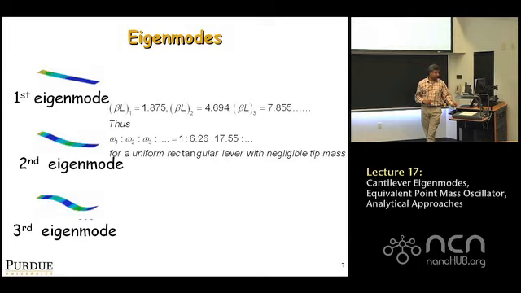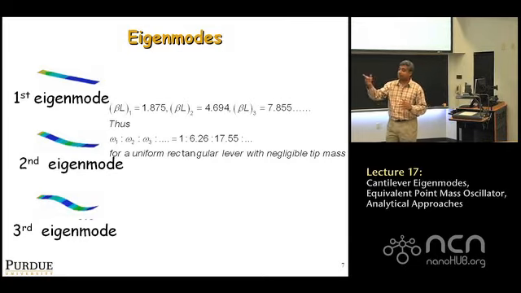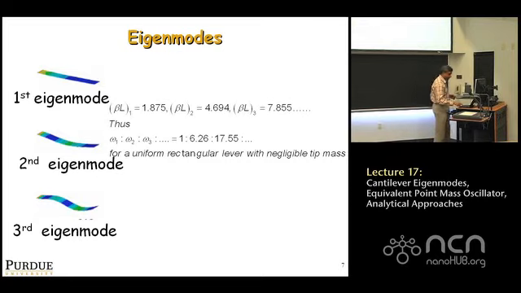So now let's go back to, gee, this is great, but yes? Could you just comment about the difference between harmonics and eigenmodes? Right. So the question is, what's the difference between harmonics and eigenmodes? And it's a very important point. What we just showed is for a cantilevered beam, omega 2 is the frequency of the second mode, omega 3 is the natural frequency of the third mode.